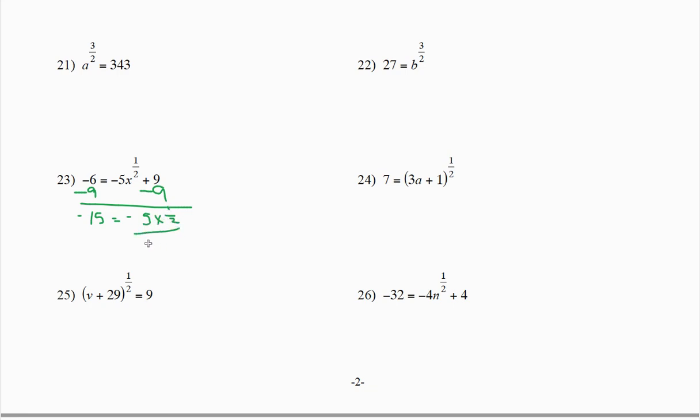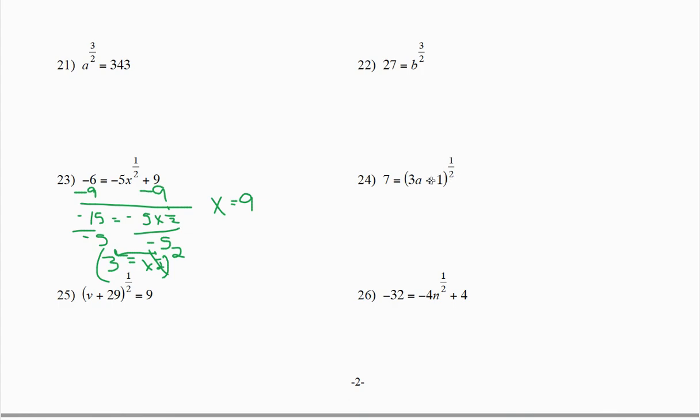Then we're going to divide both sides by negative 5. That's going to give us 3 is equal to x to the 1/2. Then we simply square the entire thing. That gets rid of this, and 3 squared is 9. So x is equal to 9.